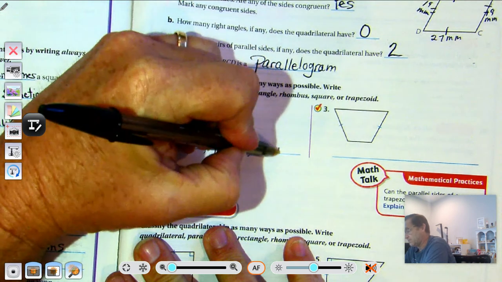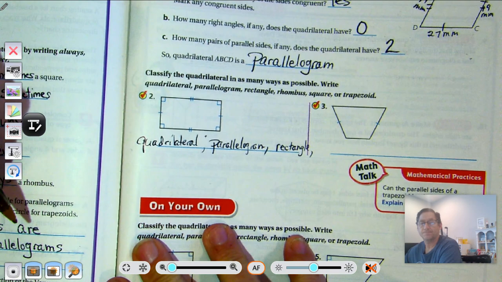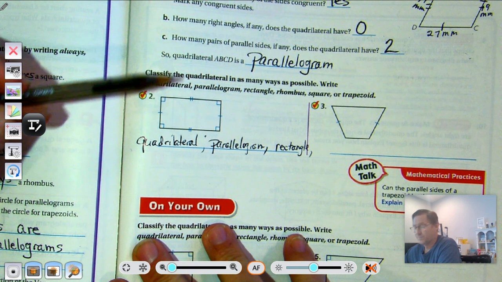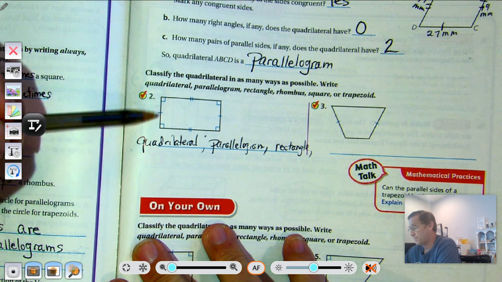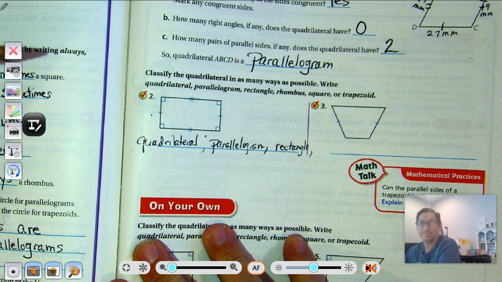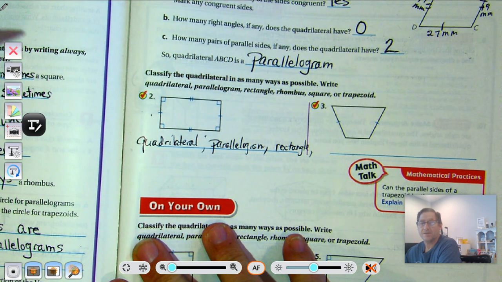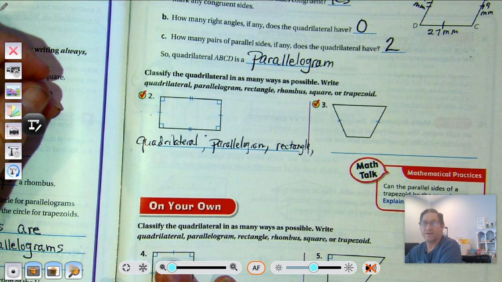It is a rectangle because it has 4 right angles and opposite sides that are parallel. It is not a rhombus because all 4 sides are not congruent. It's not a square because all 4 sides are not congruent. And it's not a trapezoid because it has 2 pairs of parallel sides. So these 3 names can be used for that shape.